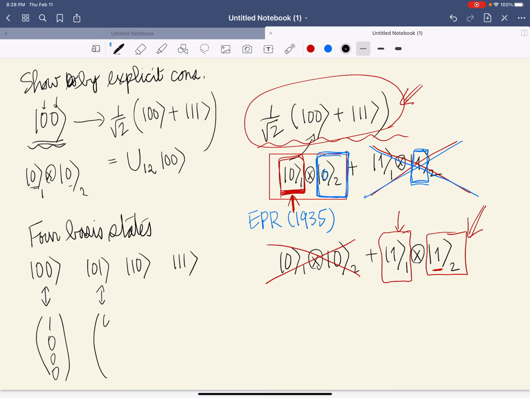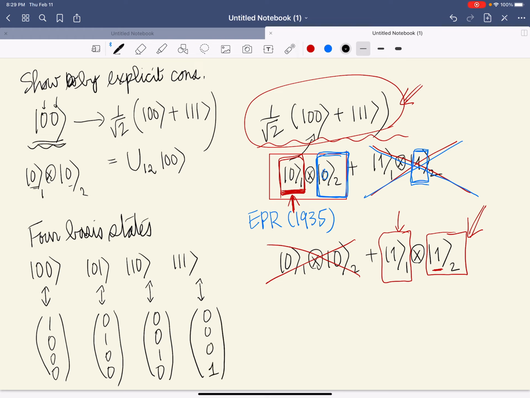And 0, 1 as another 4-dimensional column vector which is orthogonal to the first one. And there's this third state with another unit vector which is orthogonal to the previous 2. And the final state as yet another unit vector which is orthogonal to the previous 3.